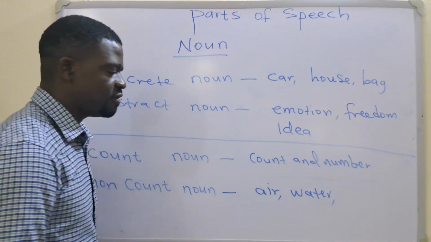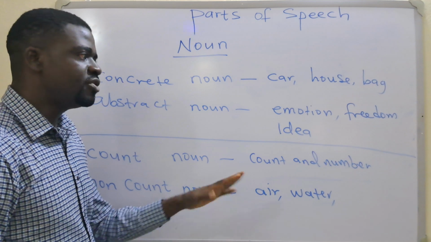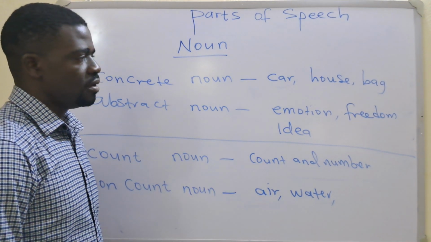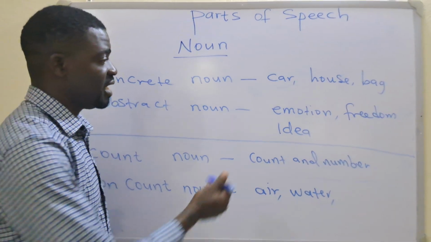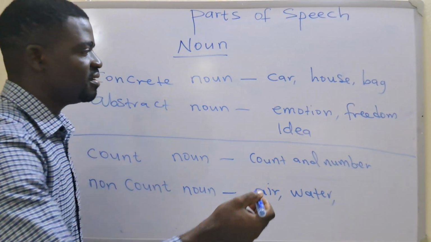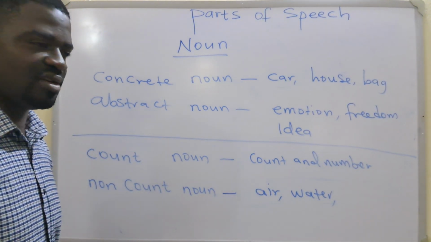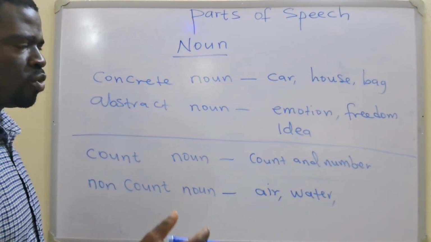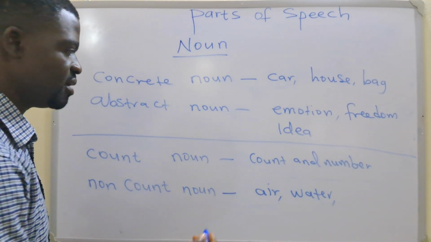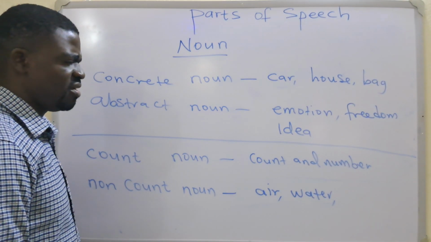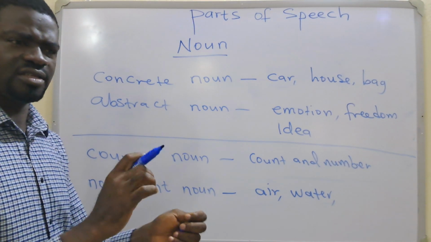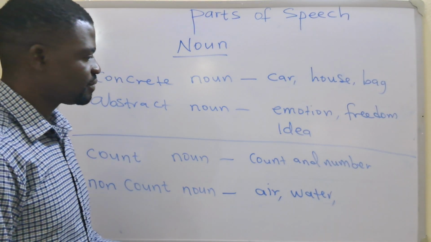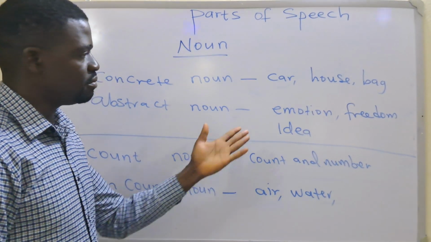And most of the abstract nouns are also uncountable, though not all of them. For example, you can have emotions, and there's a plural and singular of that. So if you can have emotion and emotions, that means you might be able to count and number it. This is one, two, three emotions. It has a plural.